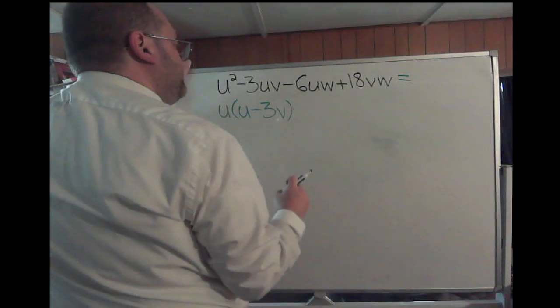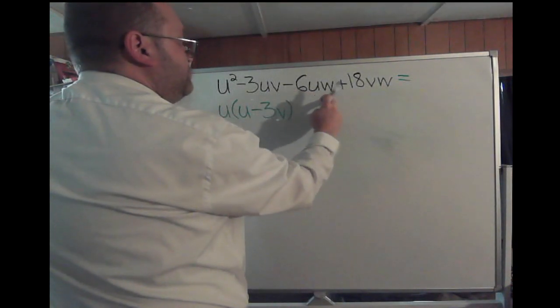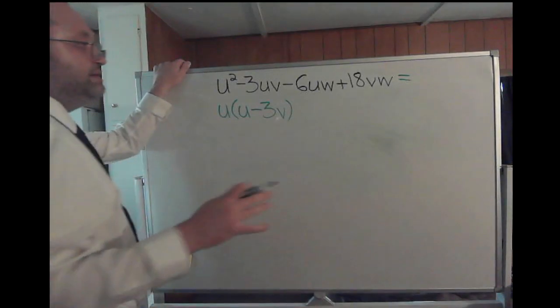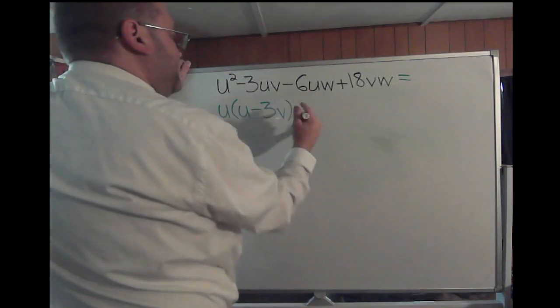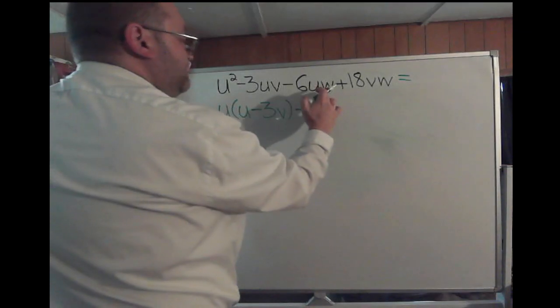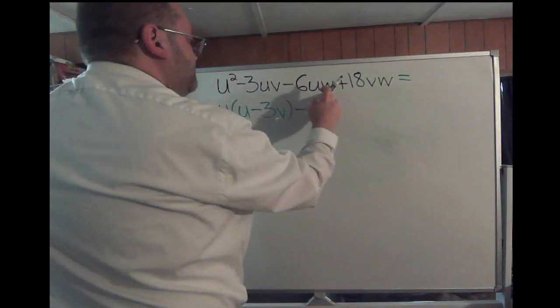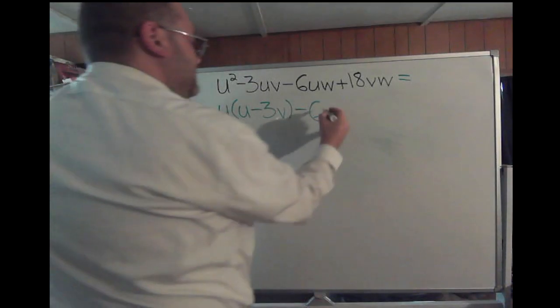Now let's look at the second two terms, negative 6uw and positive 18vw. We can certainly factor out that negative 6, but between the variables uw and vw, there's a common w.